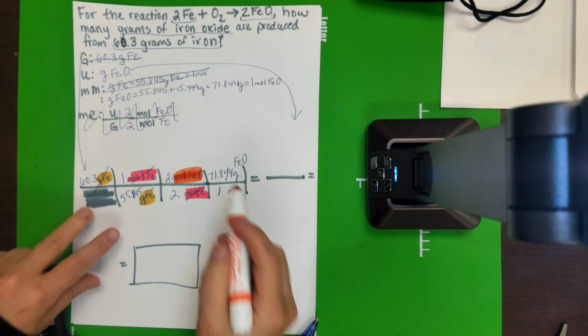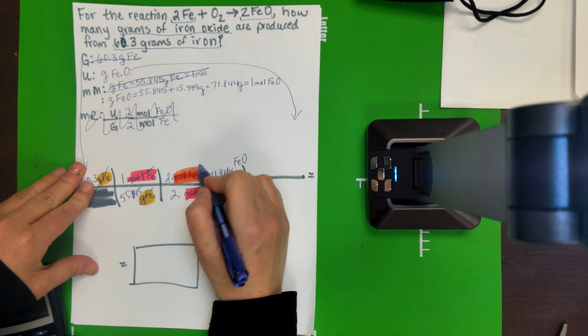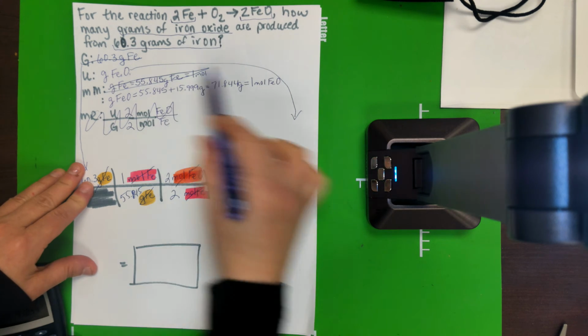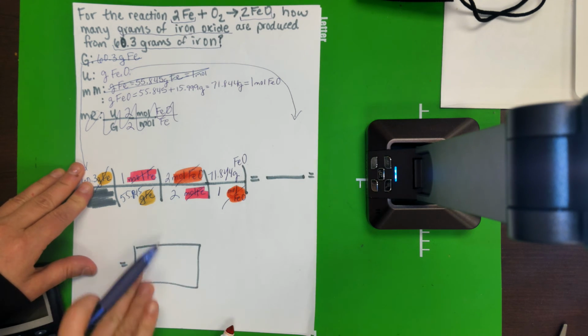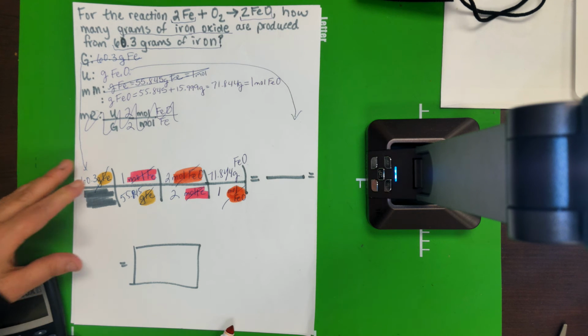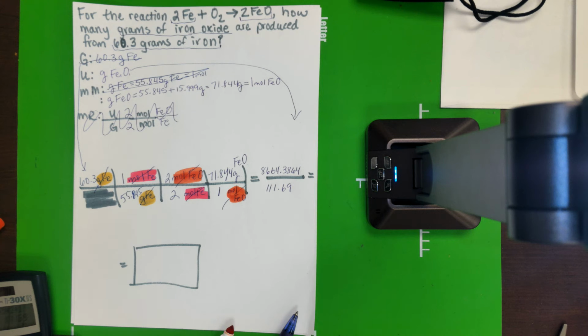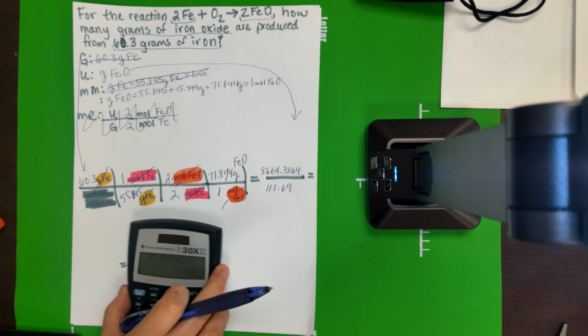Okay, and you see how, if you stick to the rules, these cancel, and you're left with grams of iron oxide, which is going to be your answer, which is the unknown, and that's what we're trying to solve. Okay, so now let's go ahead and calculate. I did it for you just to shorten the time here.